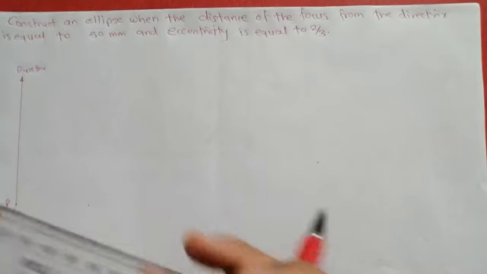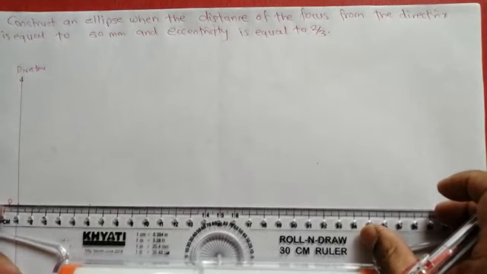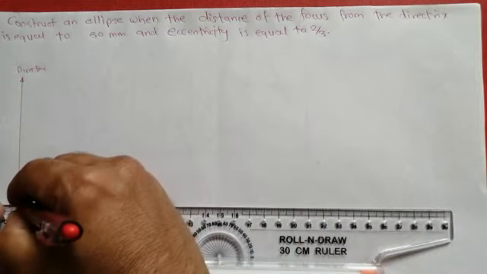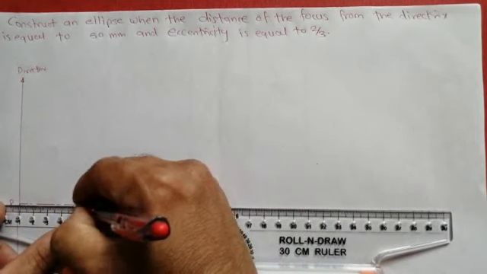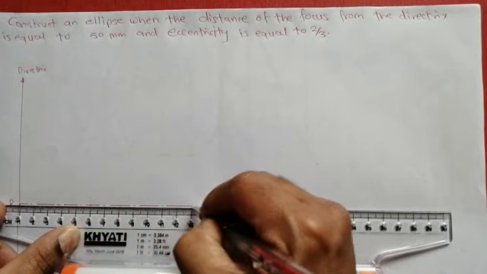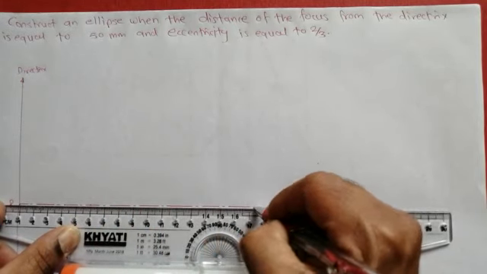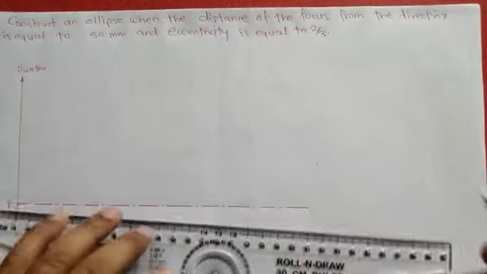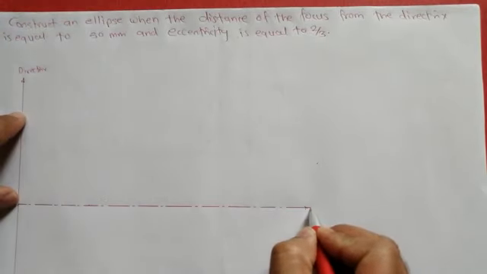This axis will be the major axis of the ellipse. So this is nothing but the axis of an ellipse.